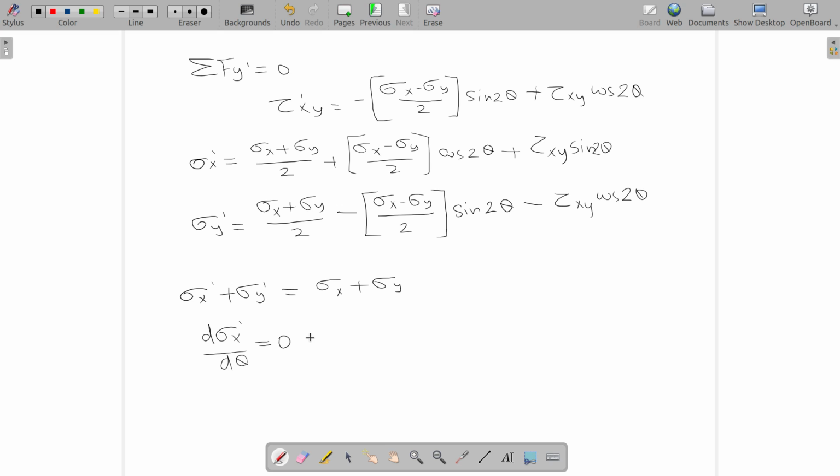The first term is gone. Here you have the term sigma x minus sigma y by 2. The derivative of cos 2 theta is minus 2 sin 2 theta.